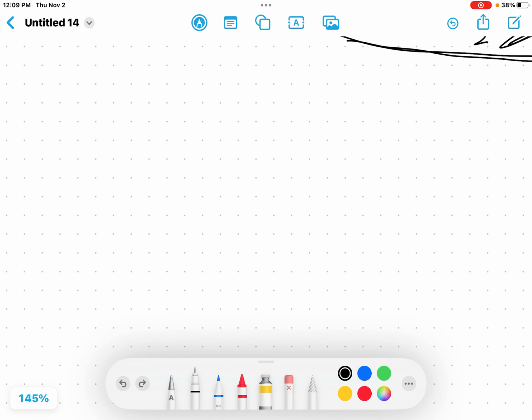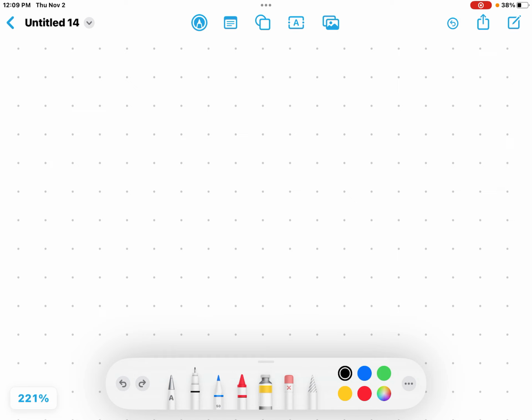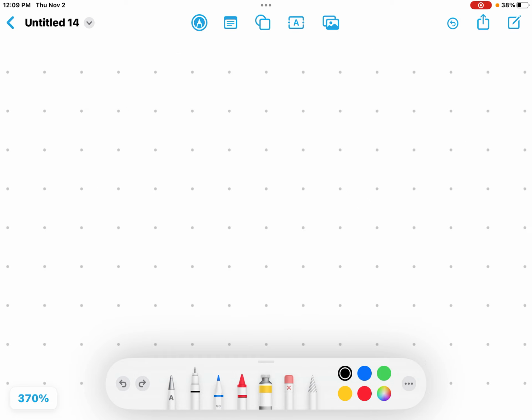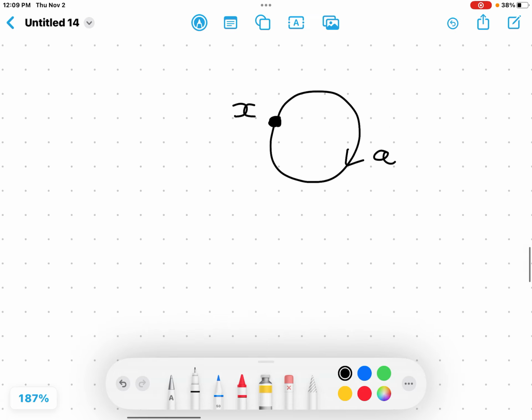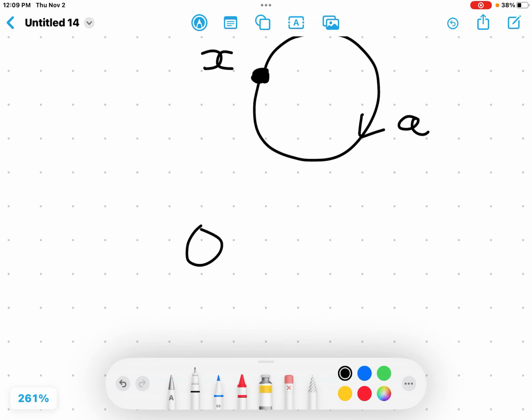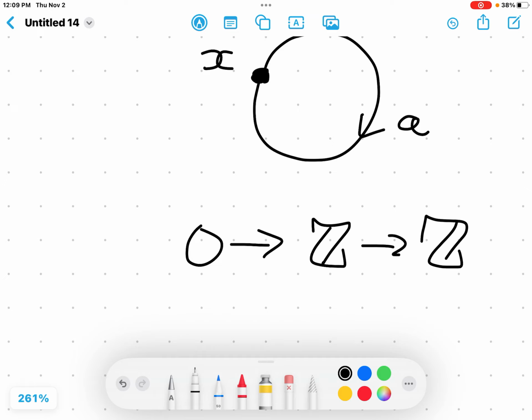So this one is different in the sense where it has a 2-dimensional hole inside of it. So a circle, 1 vertex X, 1 edge A. All right, so this one's actually pretty trivial. So it's just 0, Z, Z, and then 0.